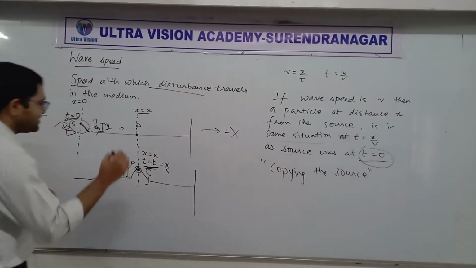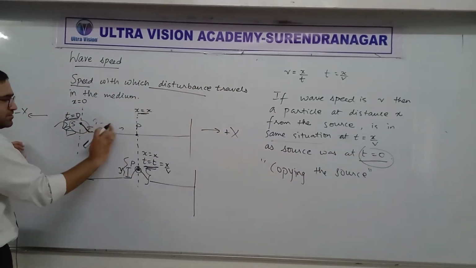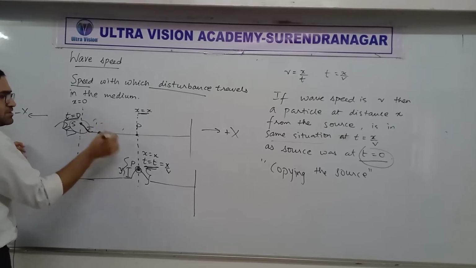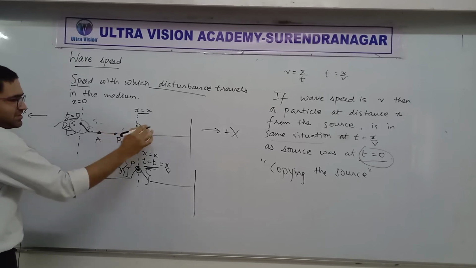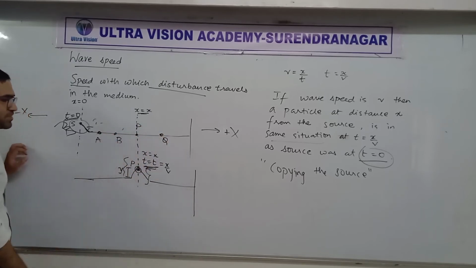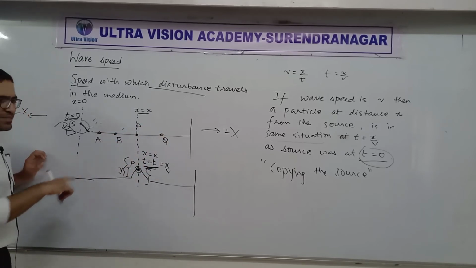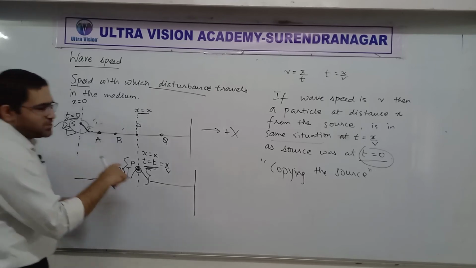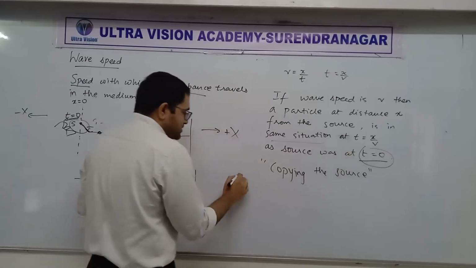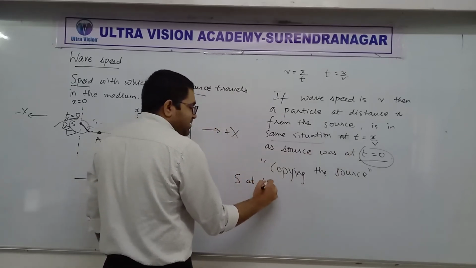For example, let's think of some other points on this string. Let's say A, B, here's P, and here is suppose Q. Then do you realize that A will come first in the same situation as the source was at t equal to 0?